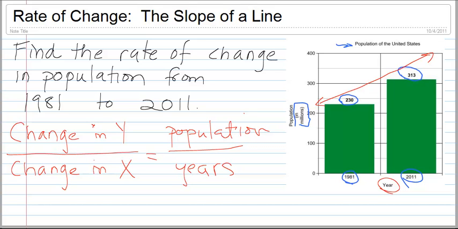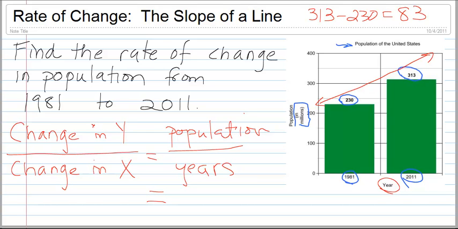So I'm simply going to look at the change and do a little bit of arithmetic and say, okay, that population went from 230 to 313. So 313 minus 230 tells me that the population changed by going up by 83 million. So 313 million, subtract 230 million is 83.